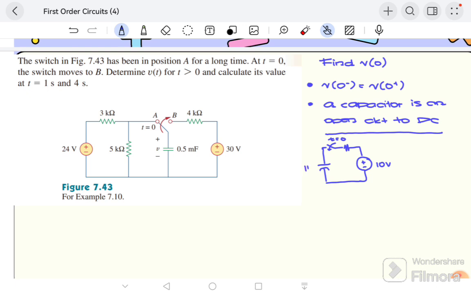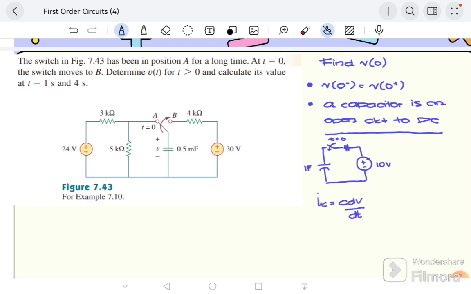For example, with 1 farad, once you close the switch at t equals 0, the capacitor initially has no voltage, and the capacitor voltage rises until it reaches its maximum voltage of 10 volts, which is equal to the source voltage connected to it. Now, take note that the current of a capacitor equals C dV/dt.